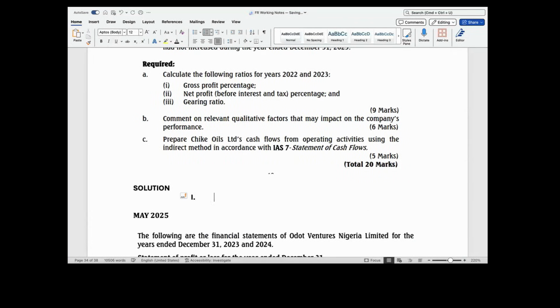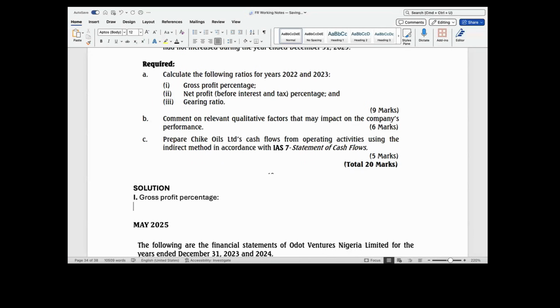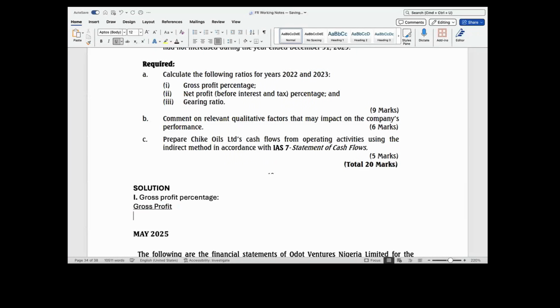The first ratio here is gross profit percentage. Can somebody remind us the formula for calculating gross profit percentage? Gross profit over sales times 100. Thank you very much. Gross profit all upon sales times 100 over 1.